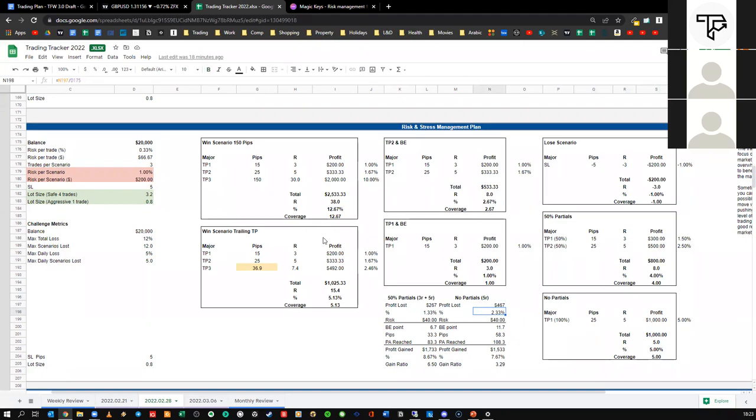And if you were to win the swing trade and hit the 150 pips, you would make 7.6% from your 2.3%. So that's a multiplier of 3.3x on what you left on the table. If you were to take the 50% analogy, you would be 6.5x on what you left on the table. So that is the power behind swing trading.